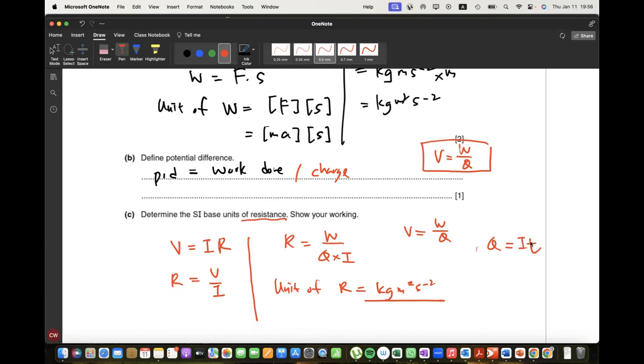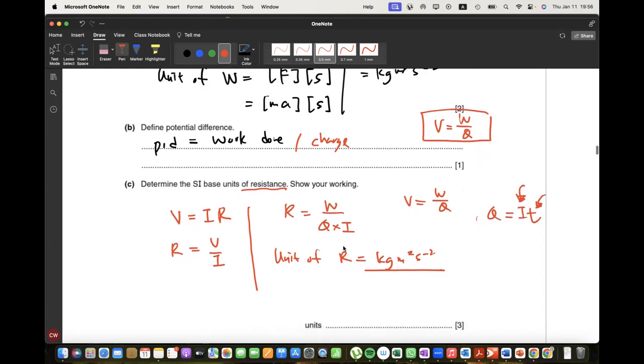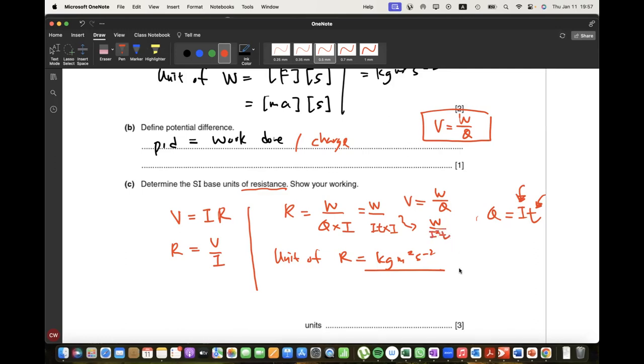IT. This one is a base unit. This one is also a base unit. So that means here Q changes to IT. IT times I. So it's W equals I square T. So I square, I is the current, A, and T is the time.